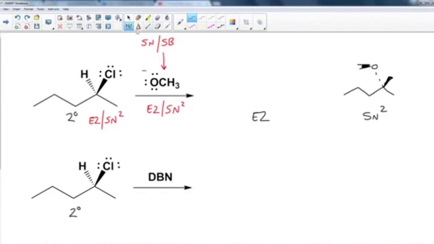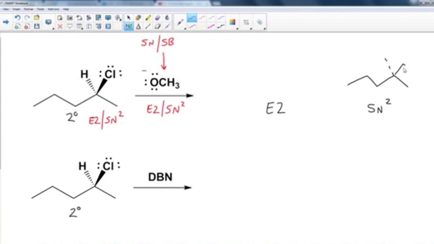But we have to remember the stereochemistry in the SN2 reaction: the nucleophile attacks from the opposite side of the leaving group.